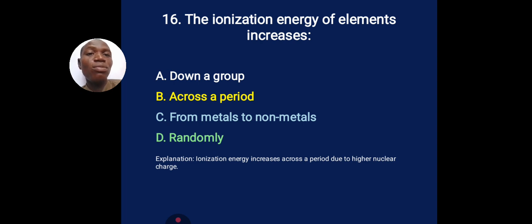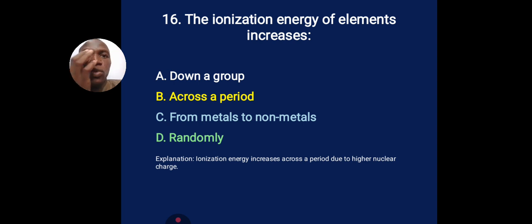The more protons in the nucleus, the more firmly the electrons in the shells are held, and the more difficult it will be for you to remove them. So remember, as you go across a period, there is a higher nuclear charge because the number of protons increases. So because the number of protons increases, the ionization energy increases as you go across a period.